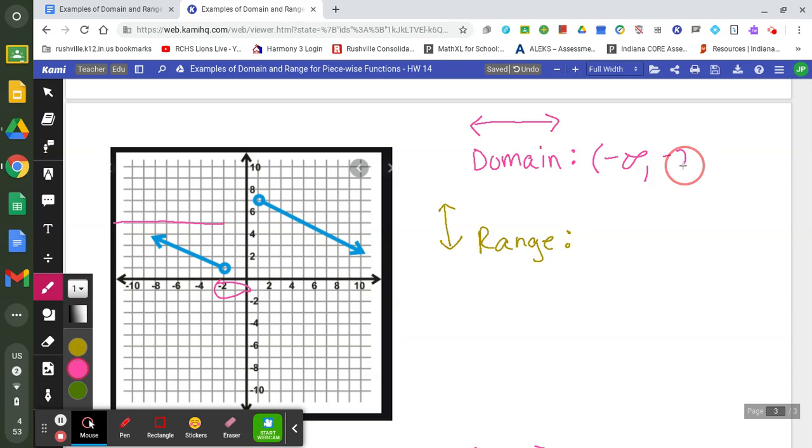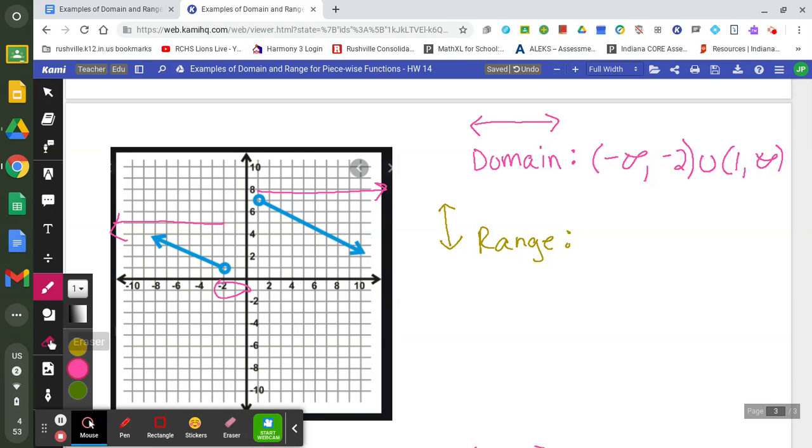So -2, and I have to have a parenthesis, but then it starts back up again at the 1, and it goes this direction. So that little u just means a union. It goes from negative infinity to -2 and stops, and then starts over and does not include 1 and is positive infinity.